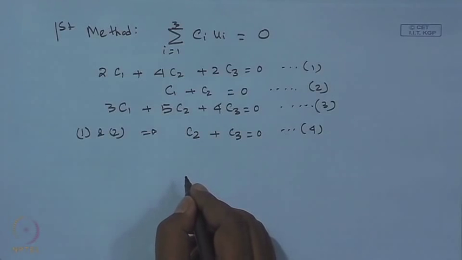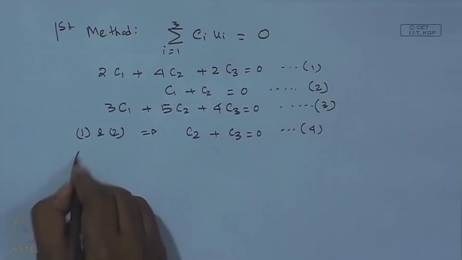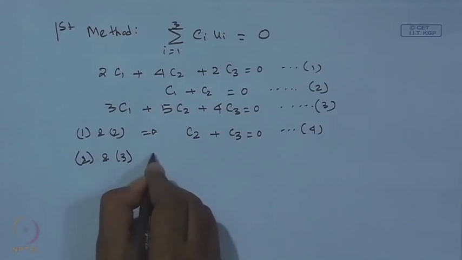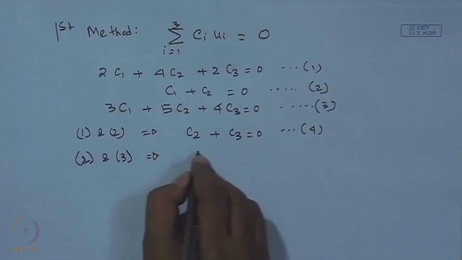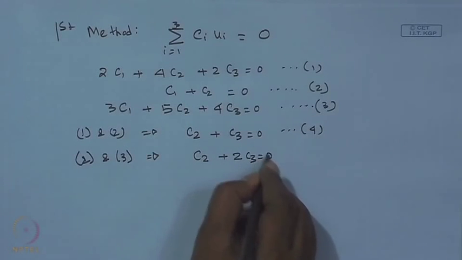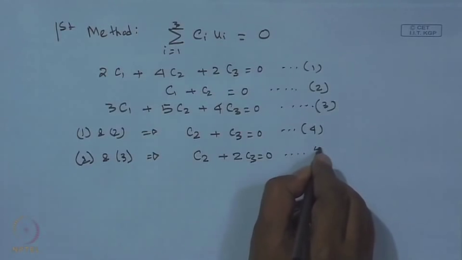as we have already done earlier, but combining 1, 2 and 3, what we obtain is C2 plus 2 C3 equal to 0, that is equation number 5.